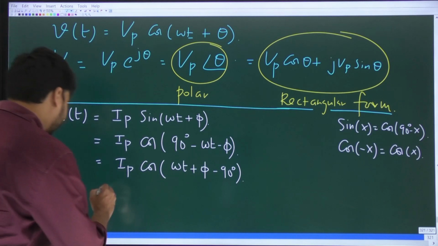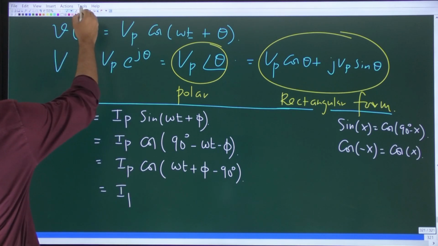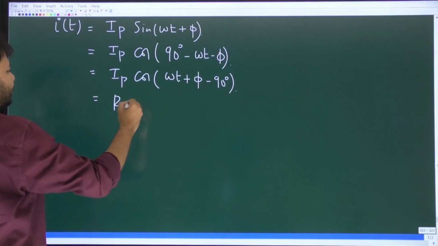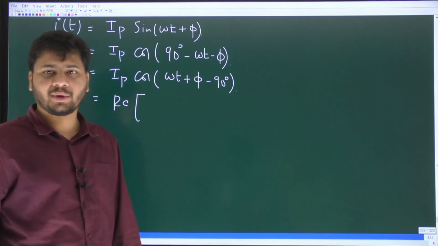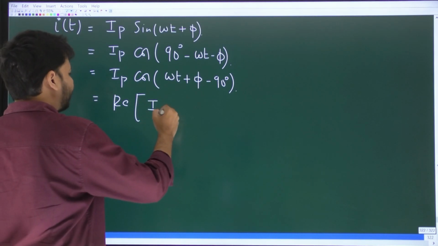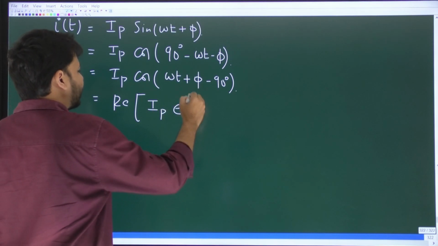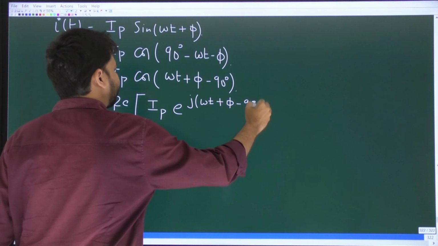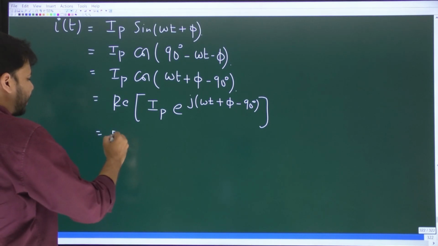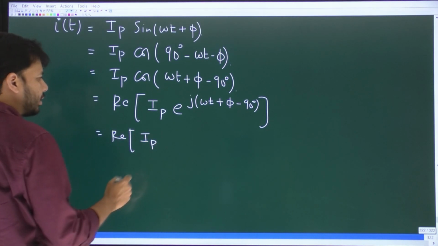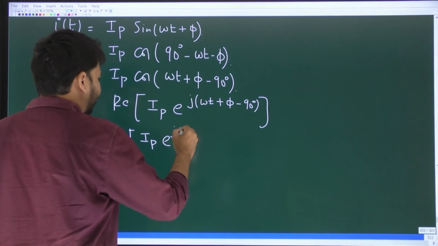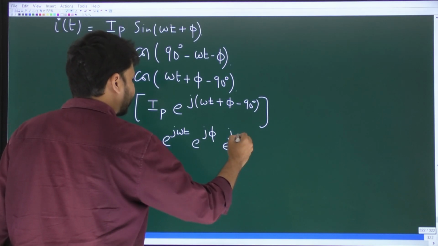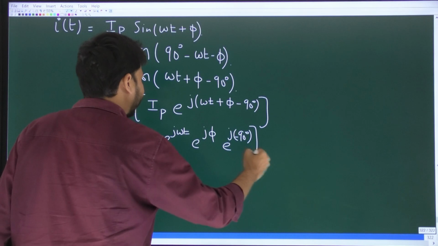So this is the same as the real part of Ip e power j(omega t plus phi minus 90 degrees). This again can be written as the real part of Ip e power j omega t, e power j phi, e power j minus 90 degrees.